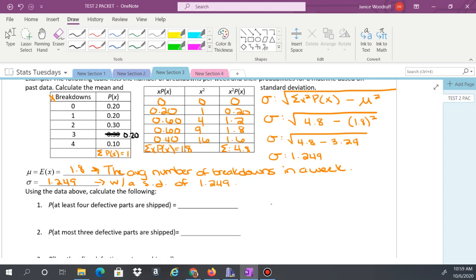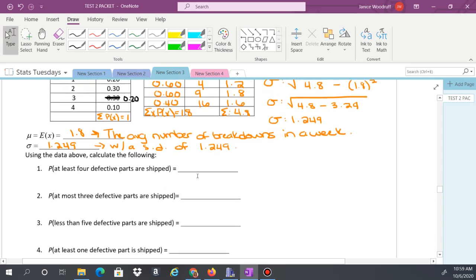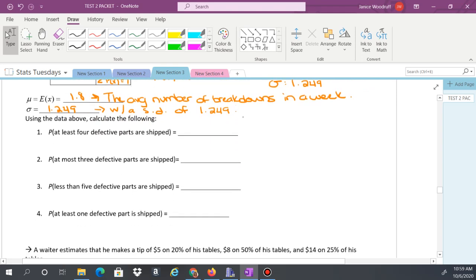So some weeks you might not have any breakdowns because that would be below 1. And some weeks you might have 3 to 4 if you add and subtract this. Okay, and then we can actually do this. So I changed this. So defective parts, we just need breakdowns. So you can cross all this out and just write breakdowns.